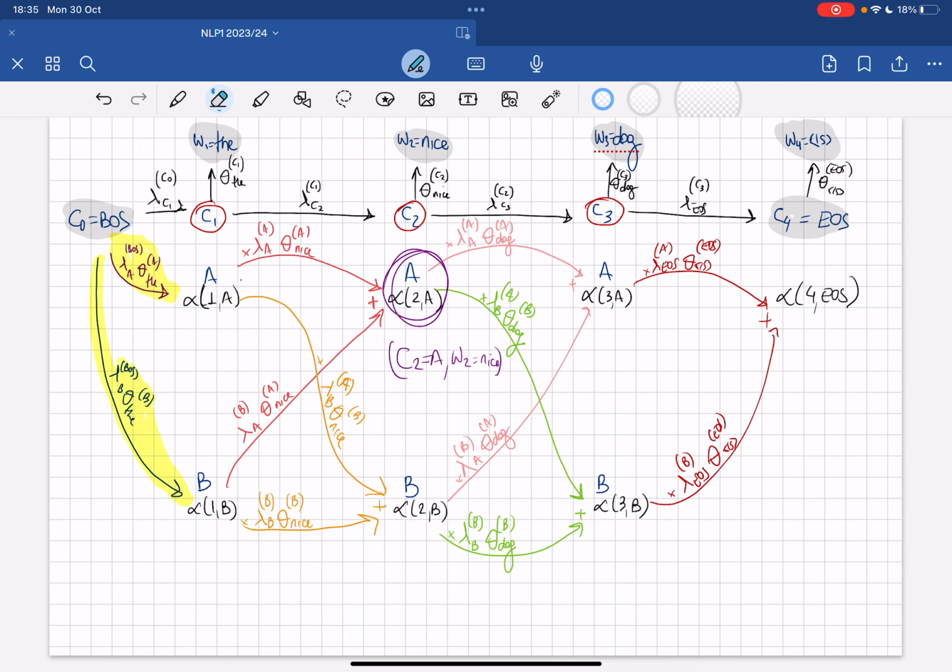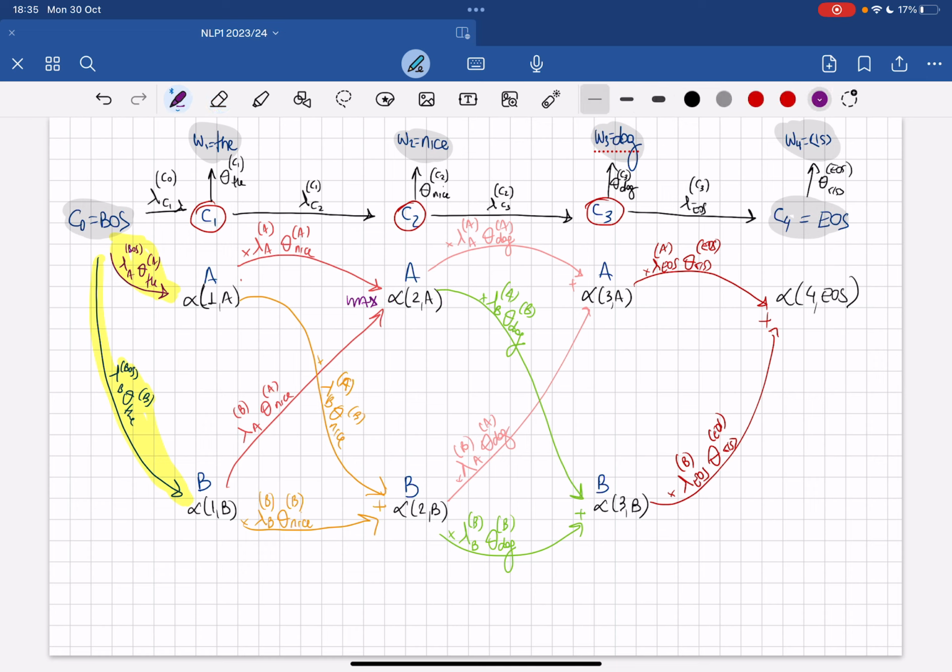Right, so the best sequence that ends in this pair has to continue from the best sequence that ended in A, and then we need to incur a product by a transition and an emission probability, or we continued from the best sequence that ended in C1B. Well, this time, we only need to know which of these two options will lead to the best value. So we are maximizing our choice.